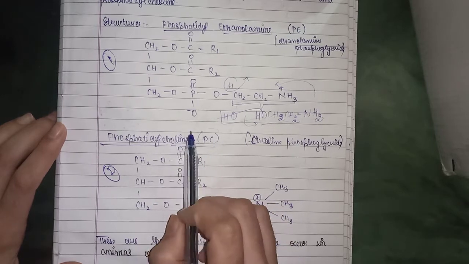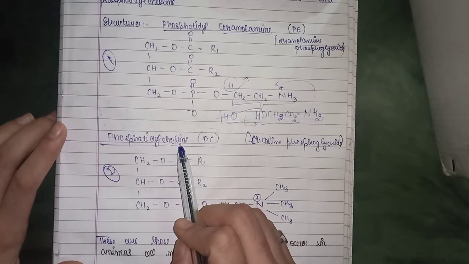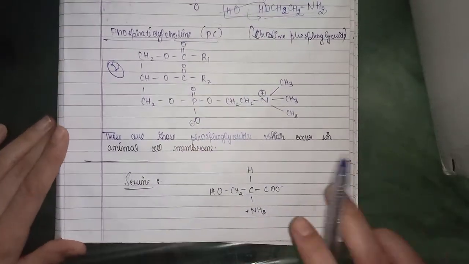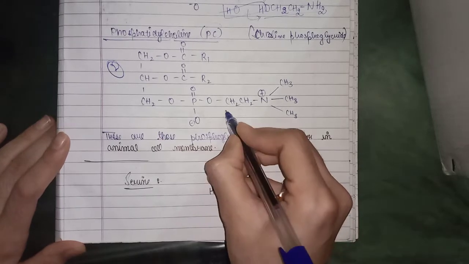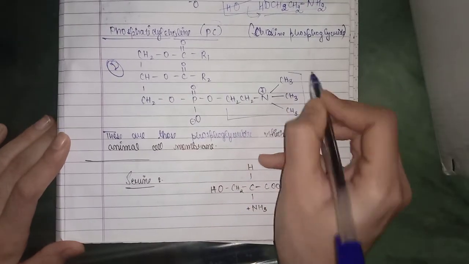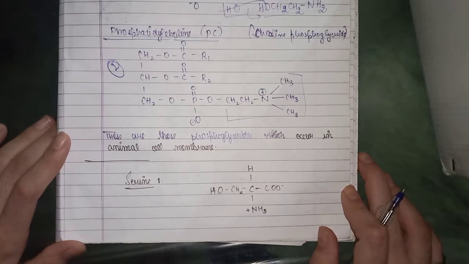Another example is phosphatidylcholine, in which the choline group has been added at the polar head group.